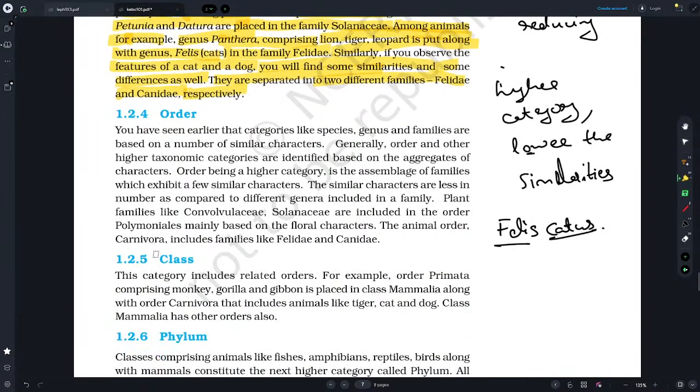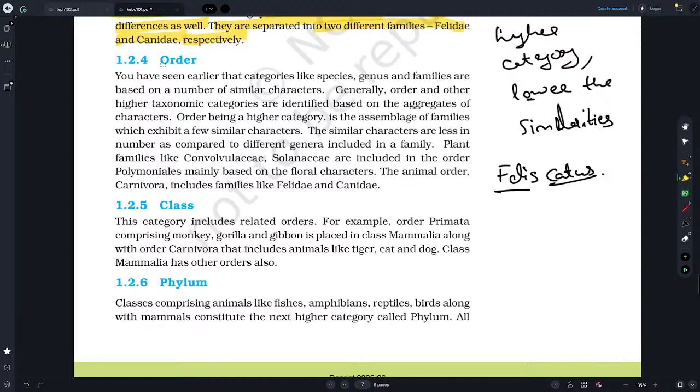The next category is the order. We have seen earlier that categories like species, genus, and family are based on a number of similar characteristics. Generally, order and other higher taxonomic categories are identified based on aggregates of characters.